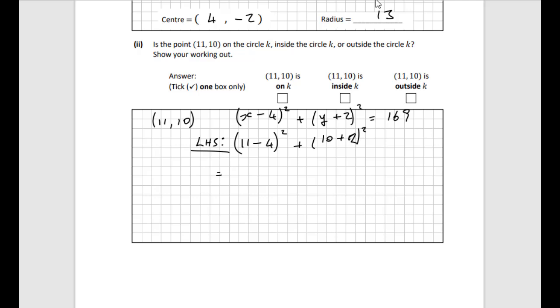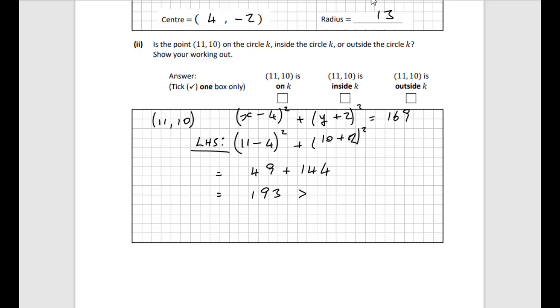So this is just the left-hand side, and we'll see what we get. 11 minus 4 is 7. So 7 squared is 49. Plus 10 plus 2 is 12, and 12 squared is 144. If we add those two together, we get 193. Now 193 is the left-hand side of our equation.